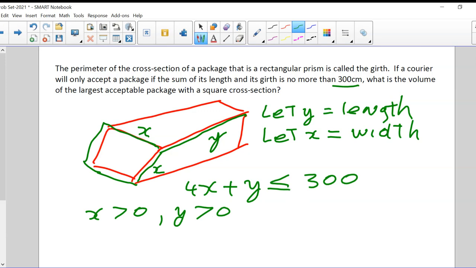But we also know that we can rearrange this thing here. Let's write that down. That y must be less than or equal to 300 minus 4x, right? That's also true. And that this thing, 300 minus 4x, must be also greater than 0, right? This value of y must be greater than 0. Okay, let me erase this part right here.